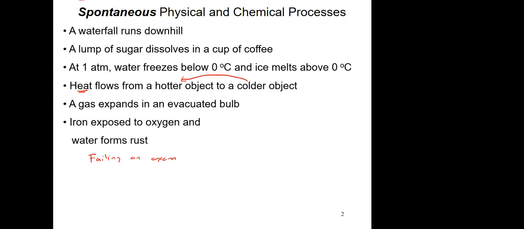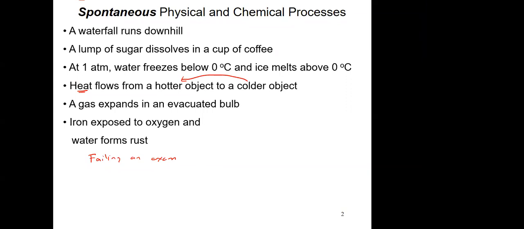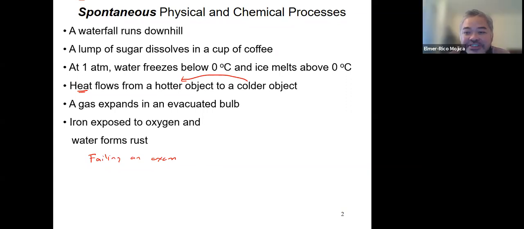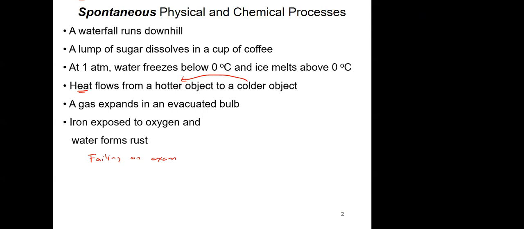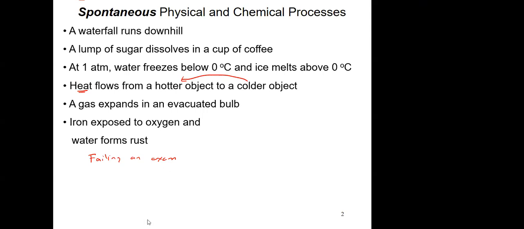So if you study, does it happen on its own? It doesn't happen on its own, because if it happens on its own, that means you don't do anything. So failing an exam is a spontaneous process, because if you don't do anything, what will happen? You'll fail the exam.